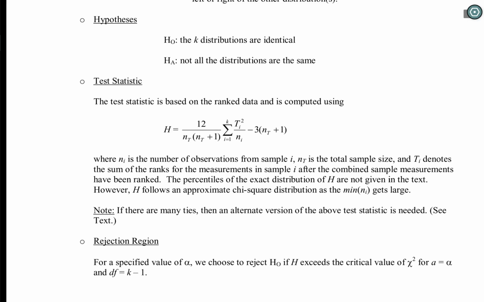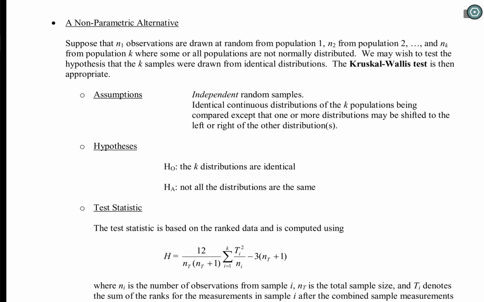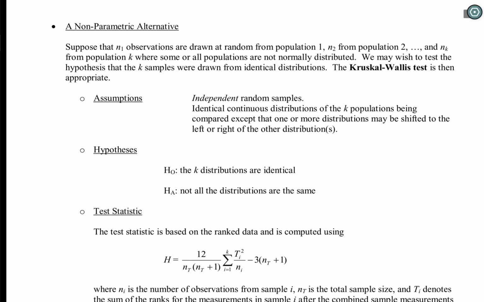I want you to be aware of it, the ins and outs of it, and the specific distribution of finding exact critical values and exact p-values I'm not worried about in this class. I just want you to be aware that the Kruskal-Wallis test is a non-parametric alternative for testing the equality of several populations. Okay.